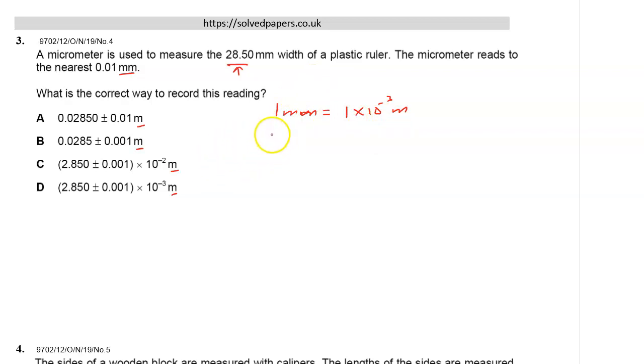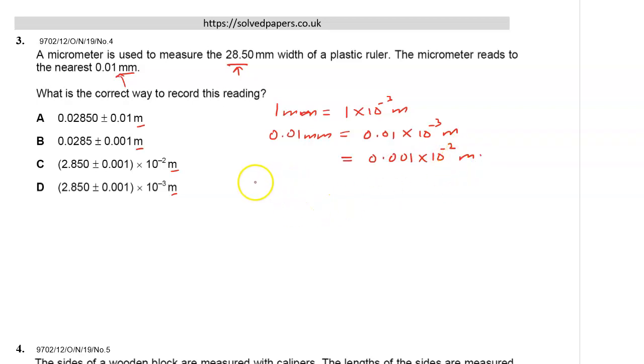Therefore, our 0.1 millimeter, which the micrometer reads up to, is the same as 0.01 times 10 to the power of minus 3 meters. You can also write this as 0.001 times 10 to the power minus 2 meters.